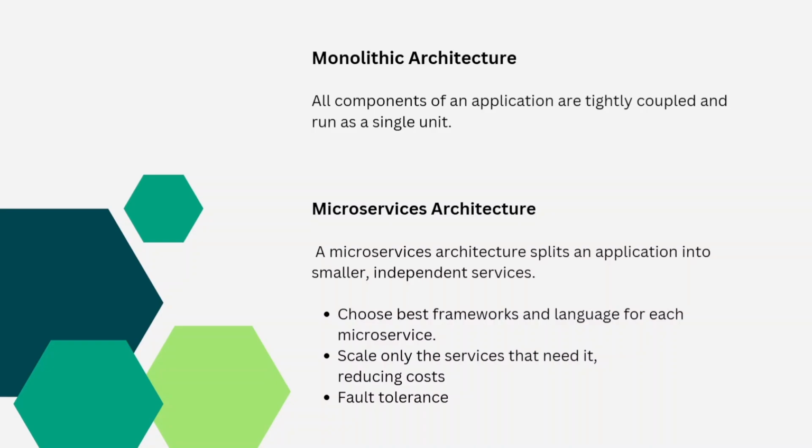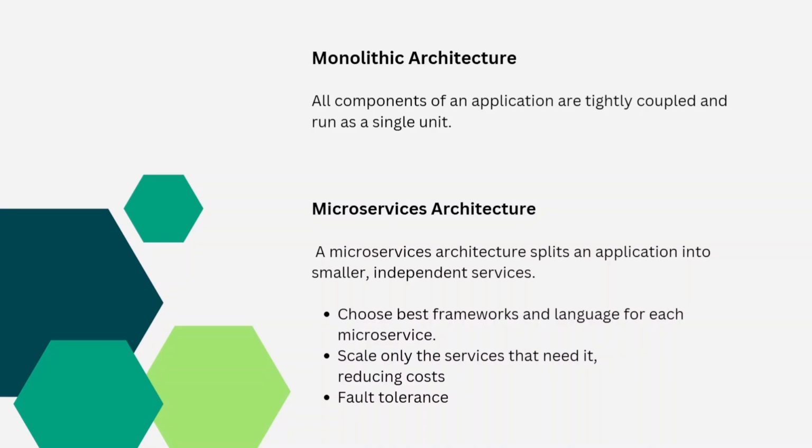For example, microservice A using the language Python, microservice B using C++, Java, or any other language. Similarly, microservice A using the database MongoDB, microservice B using the database MySQL or any other database. So it provides the flexibility to choose the best framework.